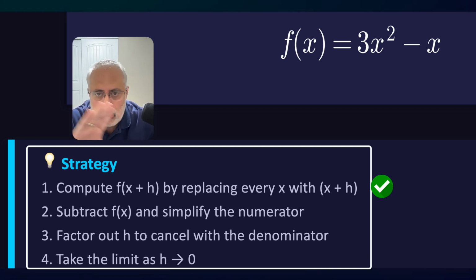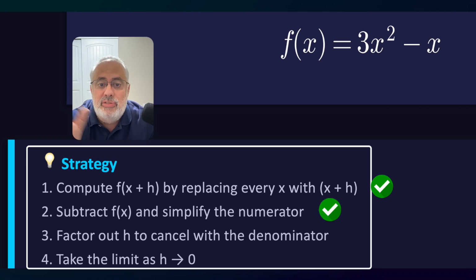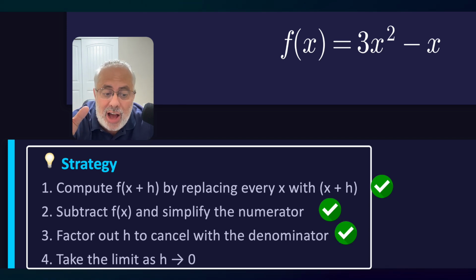This is my first algebraic approach. We subtract f of x and simplify the numerator. We have to be alert because at some point we are going to factor out some values or some variables, and then at the end is when we take the limit as h approaches 0.